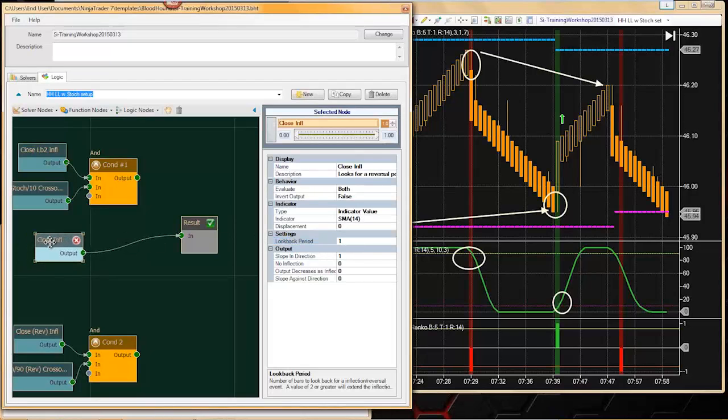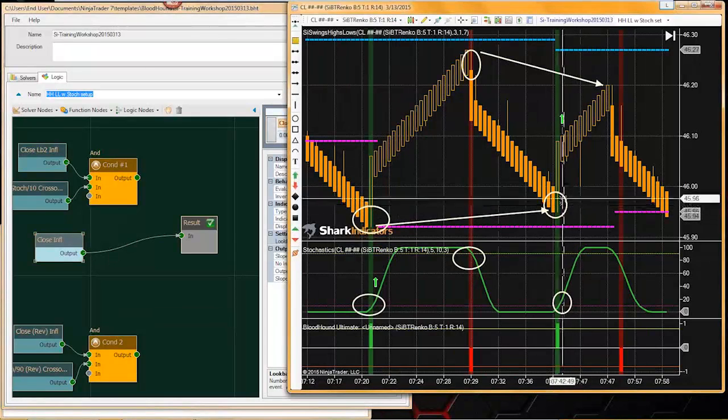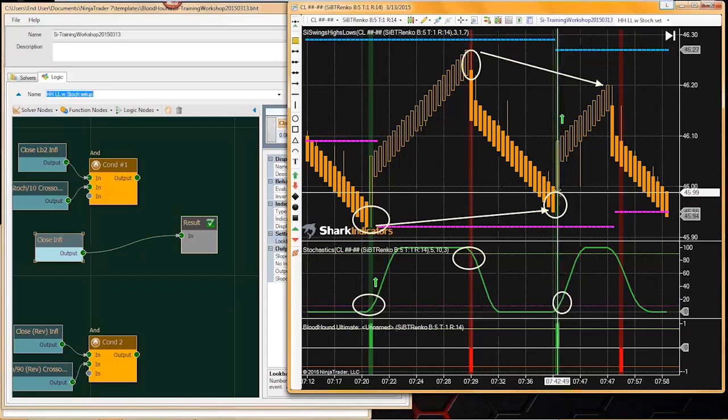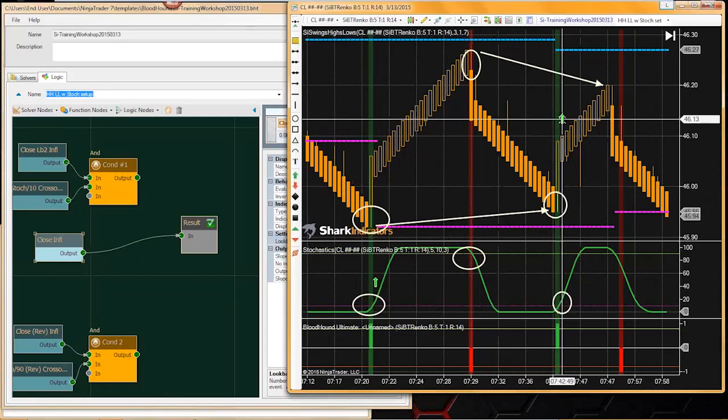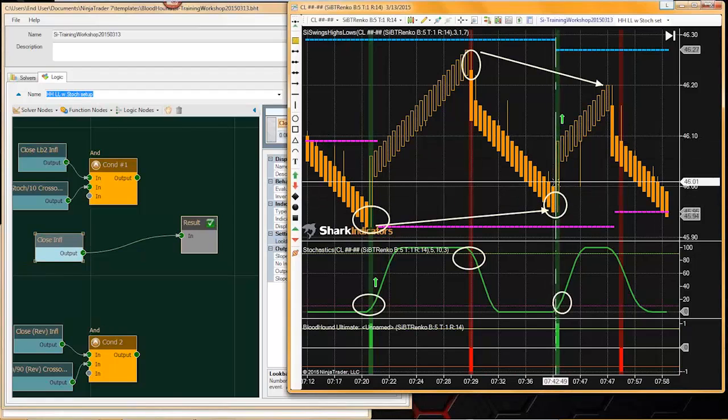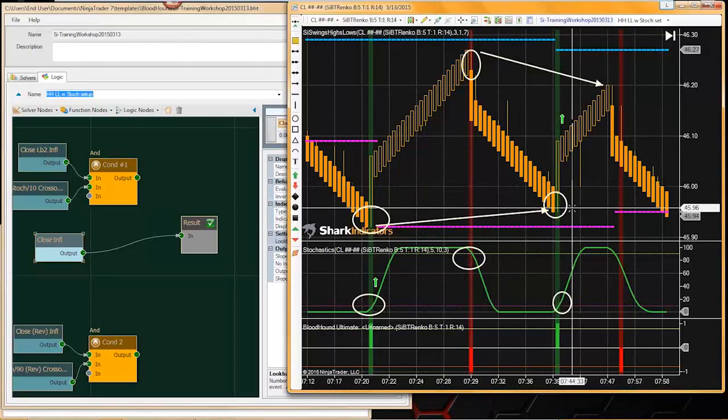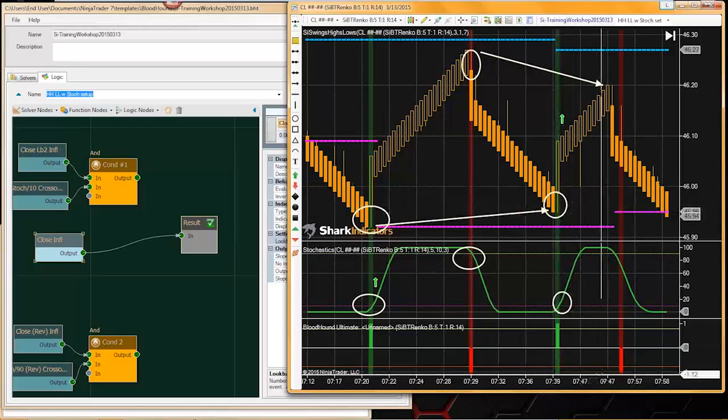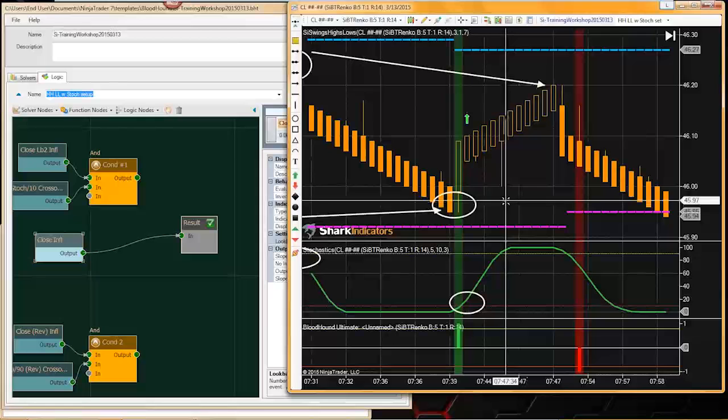So this inflection solver is essentially going to be marking right when this reversal happens, and I'm going to use a comparison solver that, let me stretch this out here.